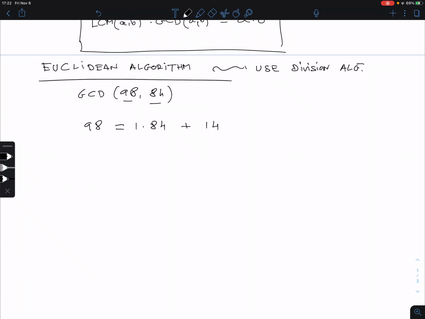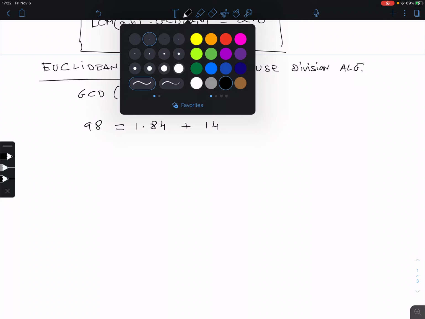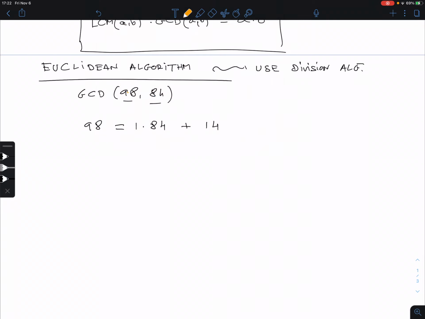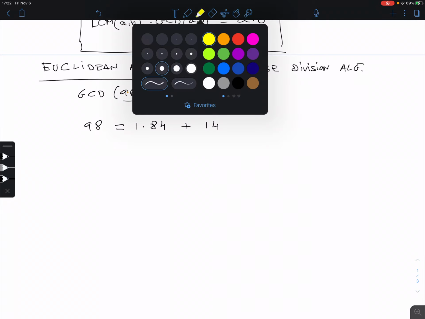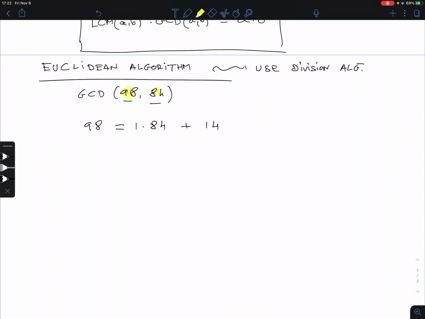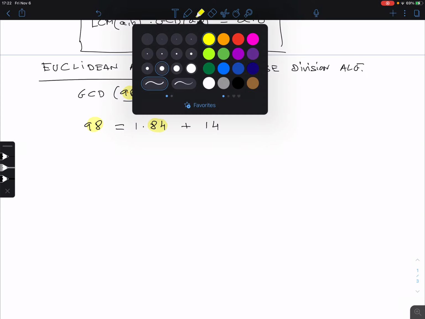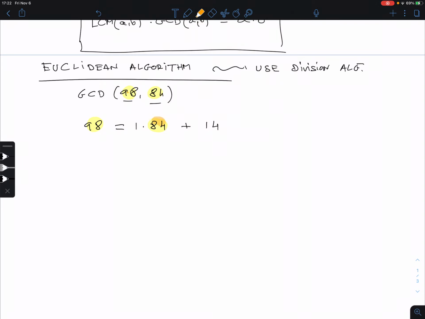What we're now going to do is, let me highlight. We have this pair, and we divide the biggest by the smallest. Now we consider a new pair. It consists of this one and this one.